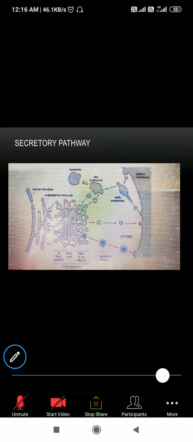The third and last important point is the smooth endoplasmic reticulum and its role in lipid synthesis. On the smooth endoplasmic reticulum, lipids are synthesized in the eukaryotic cell.